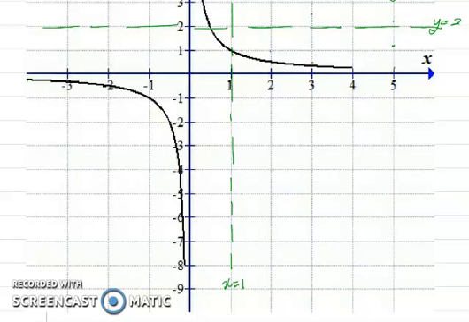So if I multiply -1/4 by 5, I'm going to get -1 1/4, which will put me here. And then if I go 2 units up, that carries me here.